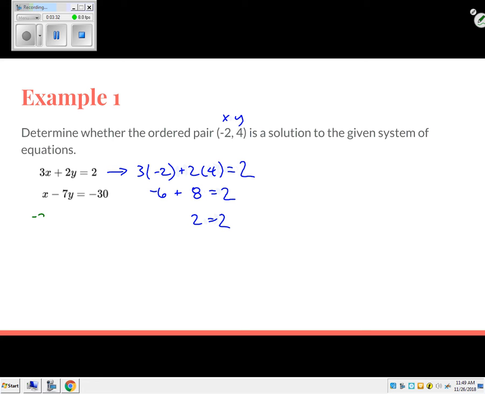So I need to take that -2 and the 4 and plug it into this one as well. I get -2 minus 28 equals -30. -30 equals -30. Yes, that did work. If I get both of these to work, it's a yes. If either or both of them fail, it's going to be a no.